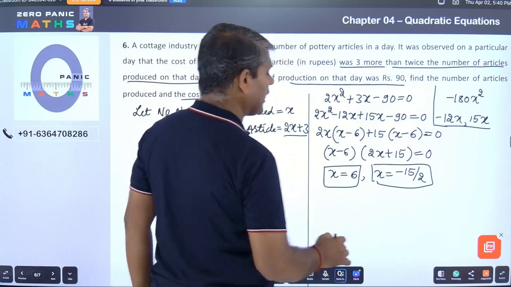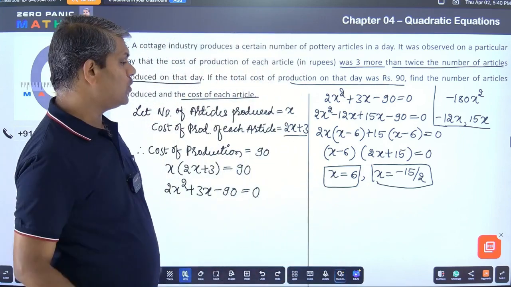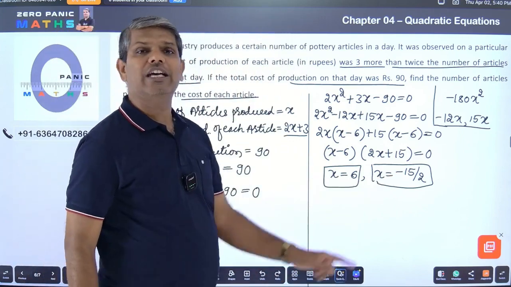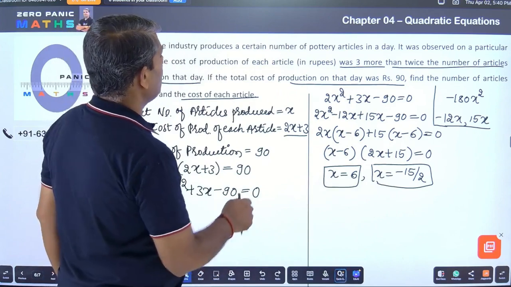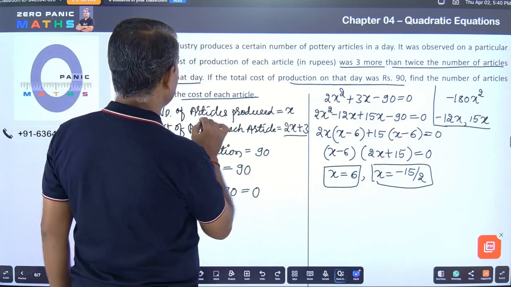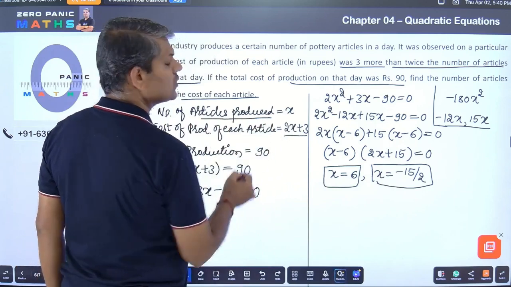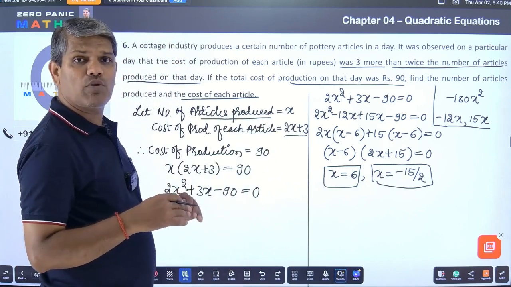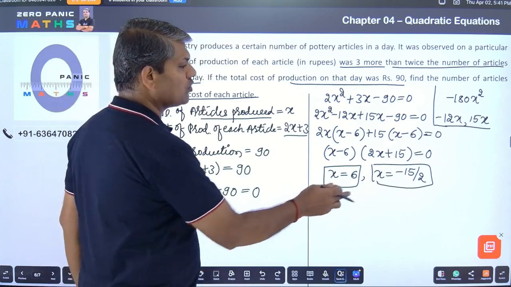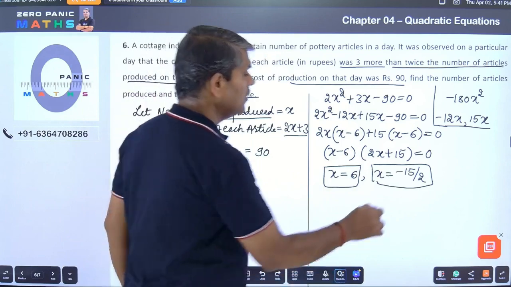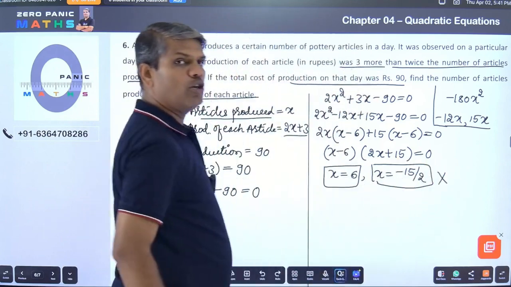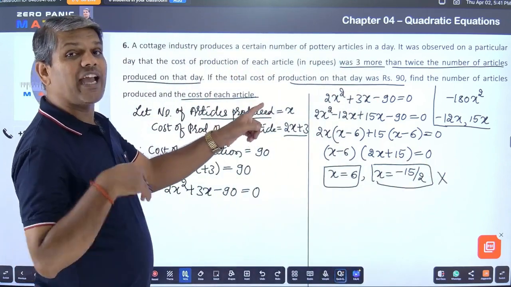Now again we have two values, one positive and one negative, and what we considered as x is the number of articles produced. So since x is the number of articles produced, it cannot be negative.